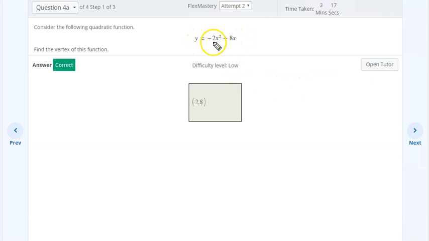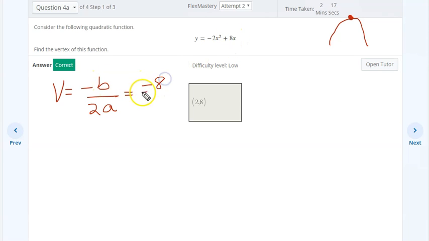Here's our equation. Now notice that the a value is negative. So again, this is going to open downwards with the vertex being the maximum. So let's just repeat it. x equals -b over 2a. Now your b is +8, so -b would be -8.